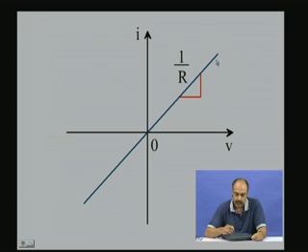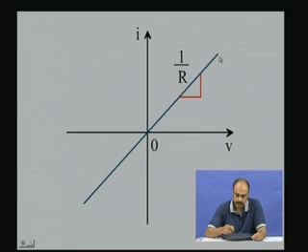So, if you see here in this graph, if this line representing the resistor is aligned along the vertical axis, that is the y axis, then the slope is infinite, which means that R is 0, and this would represent short circuit.